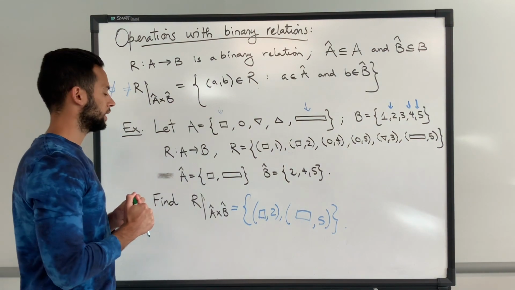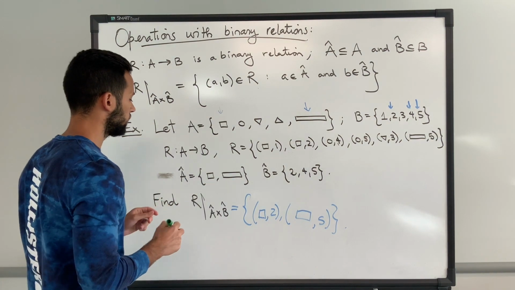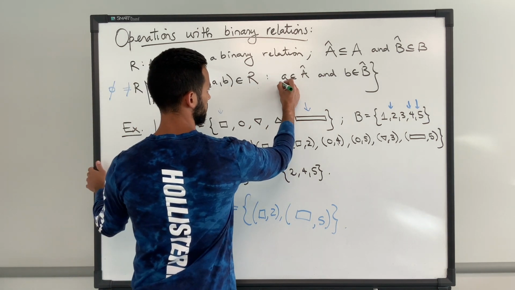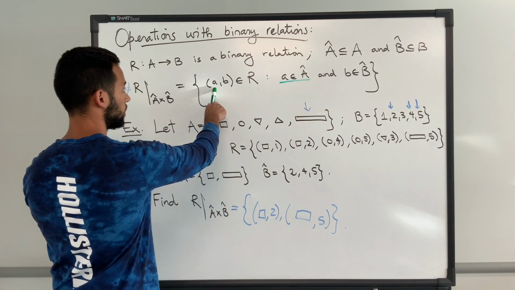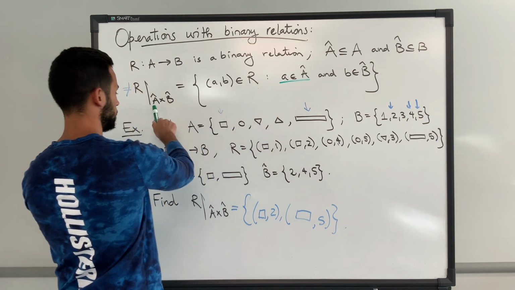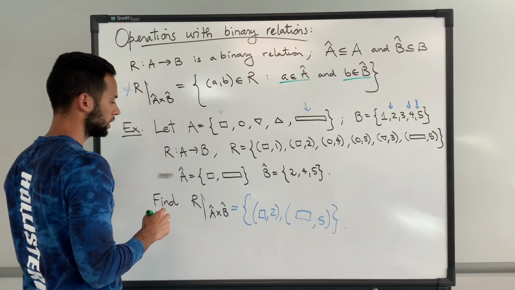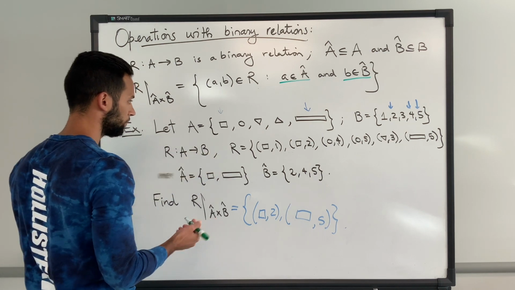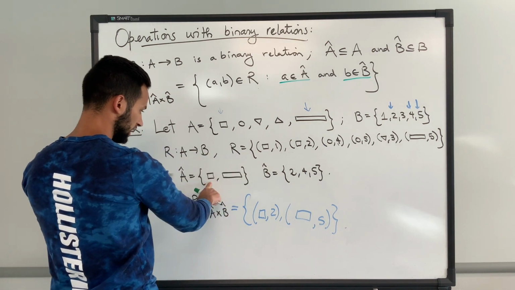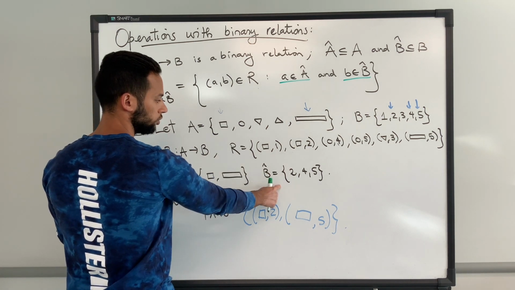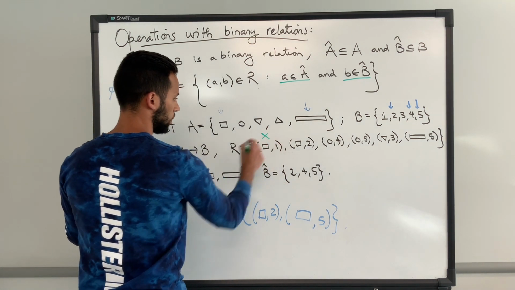Just to summarize, to find the restriction of relation R, we have to check that both conditions need to be satisfied. The first component of the pair has to be included in the first set, and the second component of the pair has to be included in the second set. When we look at relation R here, the first component is in the first set, but the second one does not belong to B hat, so we can discard that one.